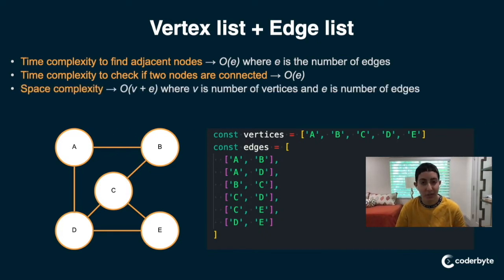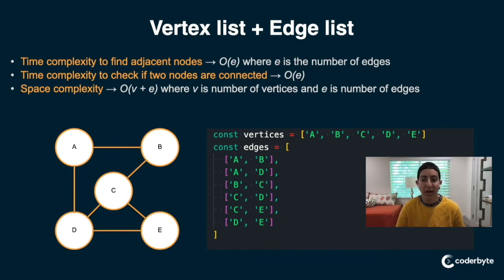Now, another thing we want to talk about is the space complexity. How much space is it going to take up to store this representation of a graph? As you can see in my brief code below, you'd always have to store an array with all of the vertices. So you'd at least have to have an array of length number of vertices.